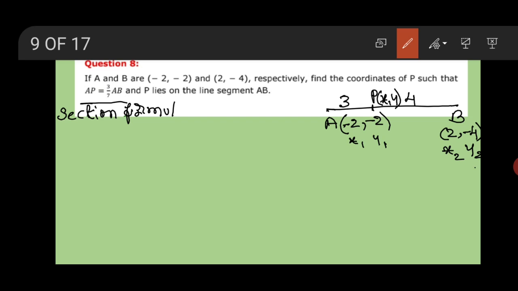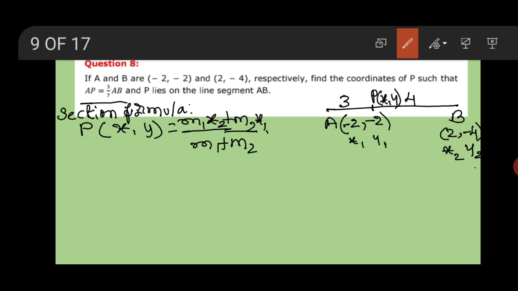Coordinates of point P (x comma y) is equal to (m1 x2 plus m2 x1) divided by (m1 plus m2), comma, (m1 y2 plus m2 y1) divided by (m1 plus m2).